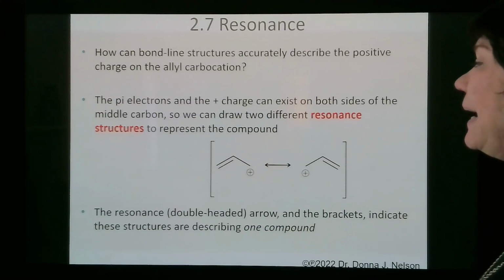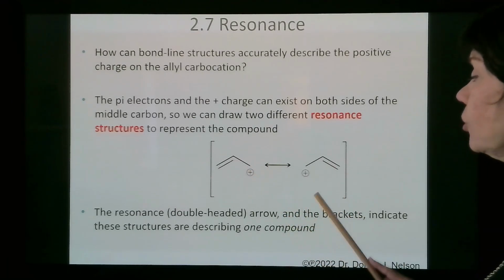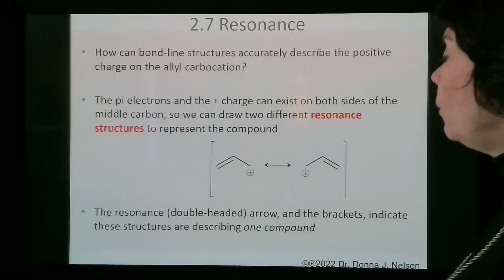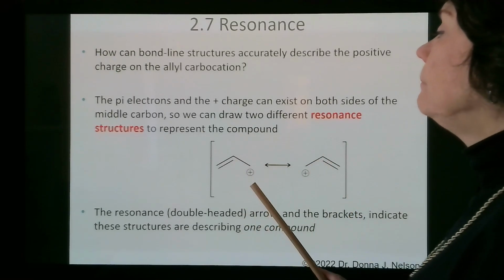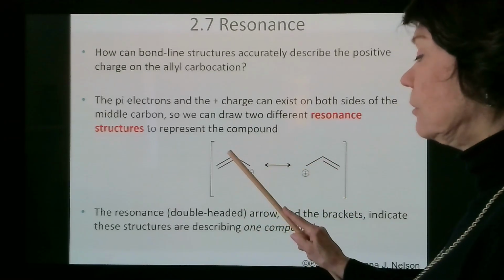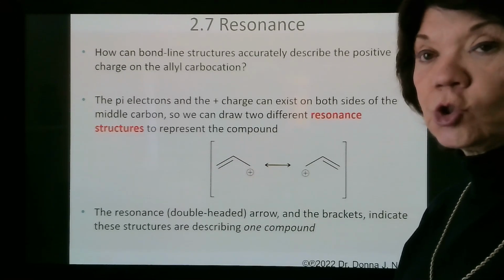But how do we depict that using bond line notation? We can't depict it with just this structure or that structure. It takes both structures, and so we have these resonance structures.